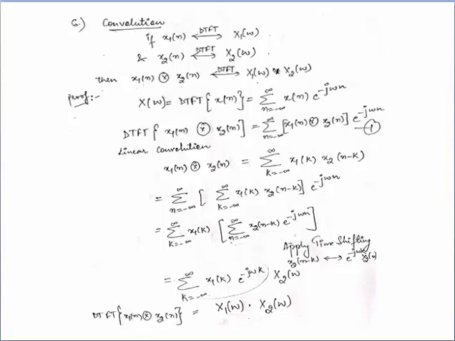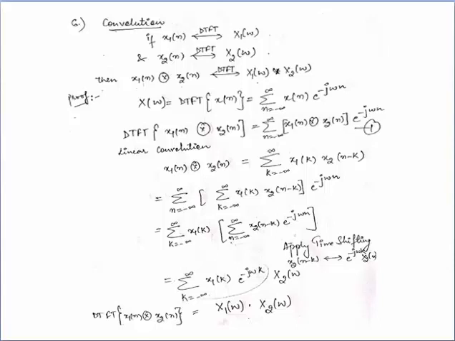Again, first we have to write down the formula of discrete time Fourier transform, that is X of omega is equal to DTFT of x of n, that is equal to summation n tends to minus infinity to infinity x of n e raised to power minus j omega n.